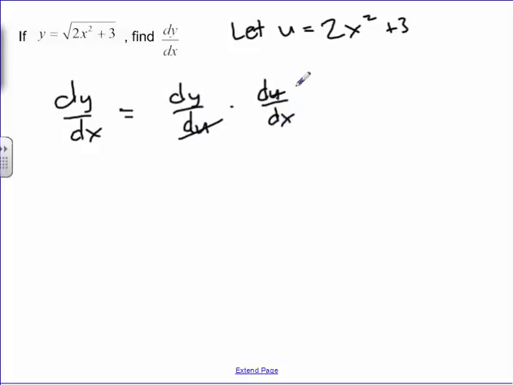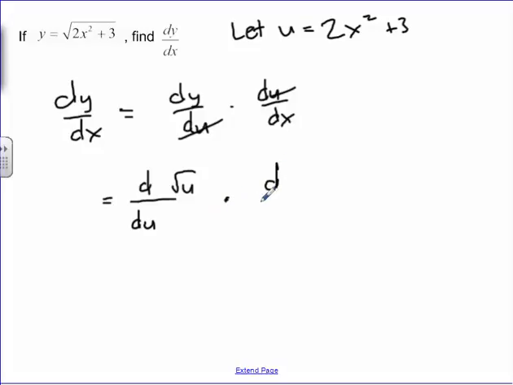It'll get us to the same spot when we cancel those. So for dy over du, y was supposed to be the square root of 2x squared plus 3, but I just let the 2x squared plus 3 equal u. So really, I'm taking the derivative of the square root of u, and I've replaced that baby inside with the letter u. That's the first part.